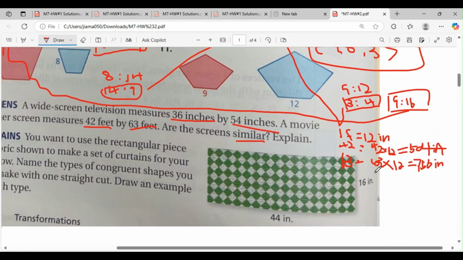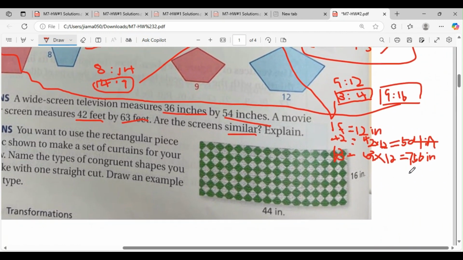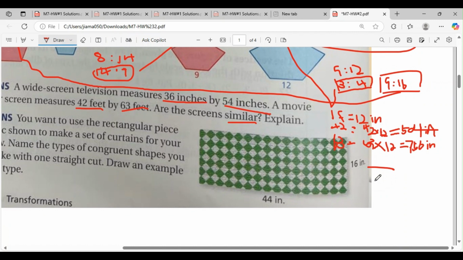The ratio of the television is 54 divided by 36 equals 3 divided by 2.